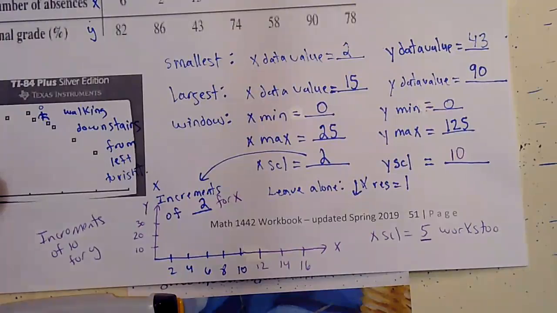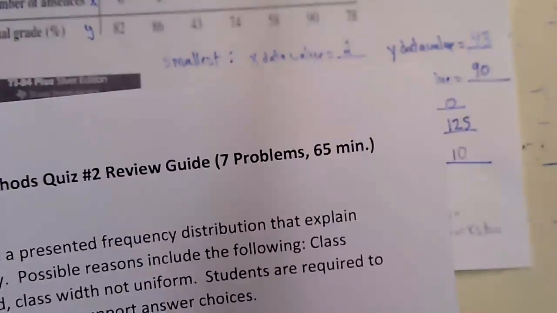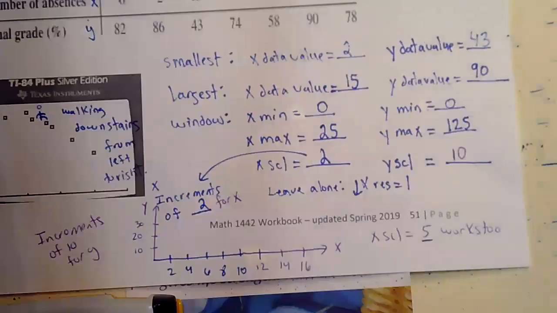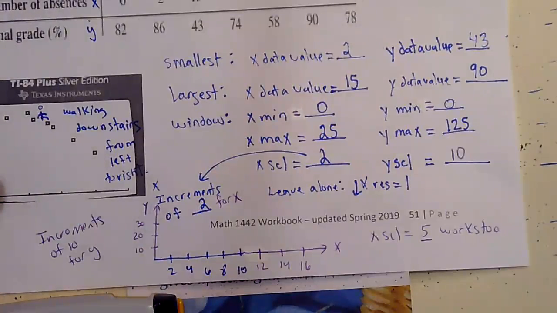You will have to do 7 problems in 65 minutes. So we don't have till the cows come home, as they say. No, it's timed. That's why you want a toolkit to jog your memory and to work quickly on a timed quiz. So you need to practice that.